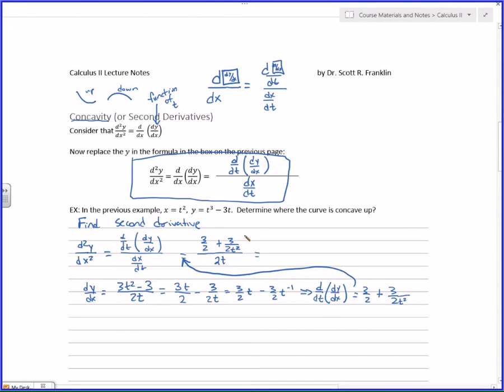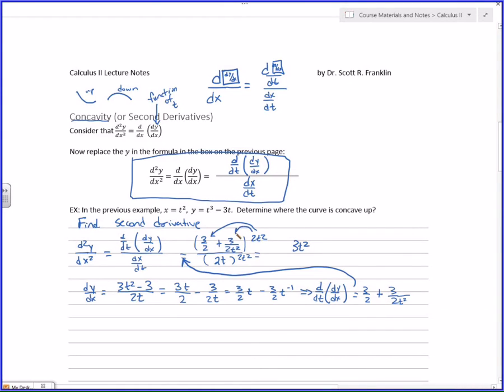I would multiply by something that cancels all the denominators. 2t squared. The lowest common denominator is 2t squared. If I multiply the top and bottom by 2t squared, then when I multiply times this one, I get a 3t squared.